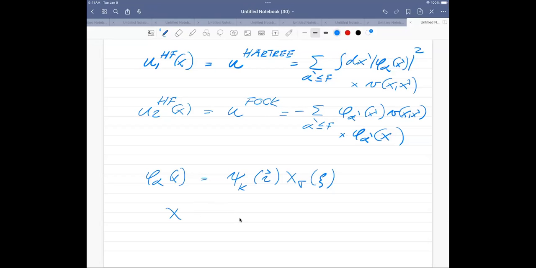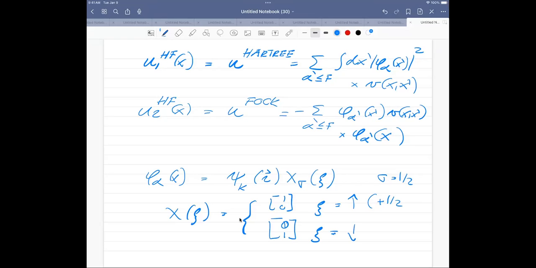We actually, the interaction we have does not depend on spin. So spin is just a degree of freedom which we can sum up. So this term here is going to be equal to the standard spinor 1, 0, in case the spin is spin up, or it takes the value plus 1/2. So the sigma which you see here takes just the value 1/2. We are looking at the spin 1/2 objects, and this is the other one. So then we would just write it as spin down, or it corresponds to a -1/2 here.